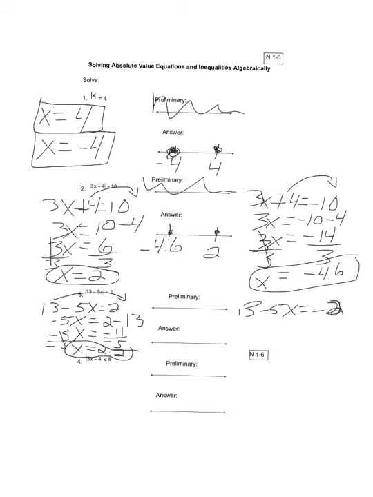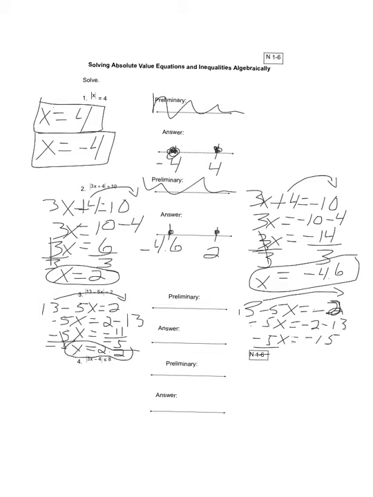All right, on the opposite side, negative 5x is already in the correct spot. Equals negative 2. Take your 13 across, it's a minus 13. So negative 5x equals negative 2 minus 13, which is negative 15.